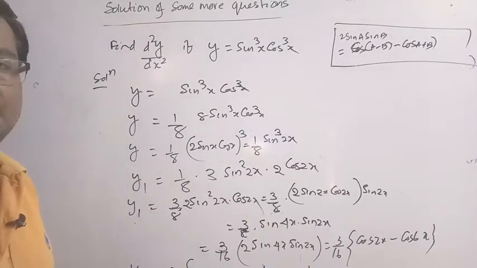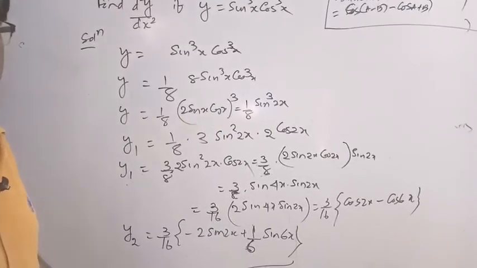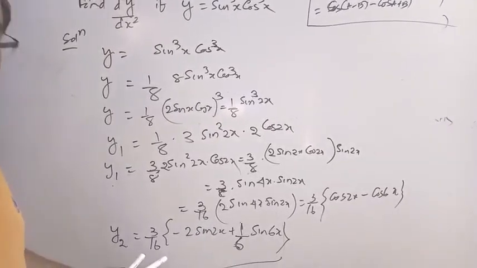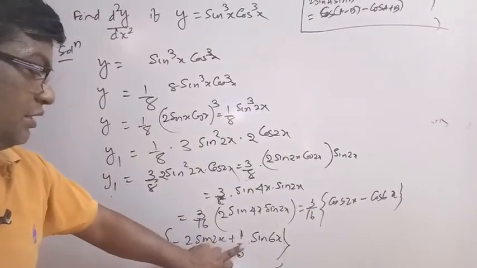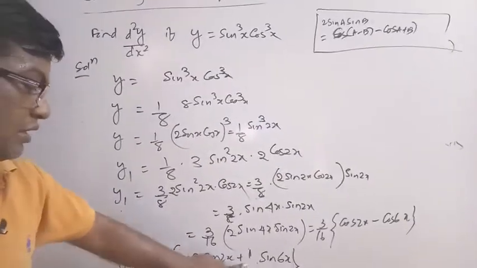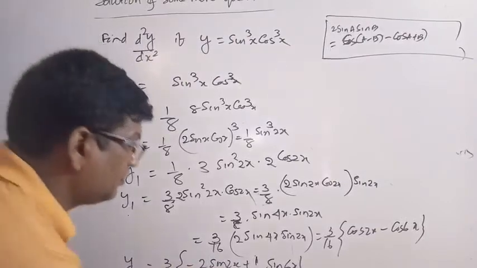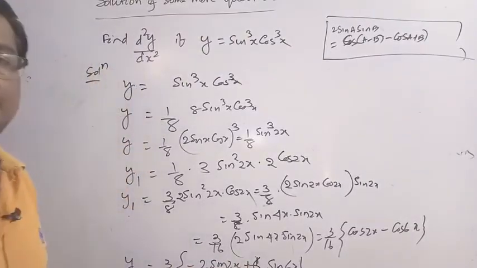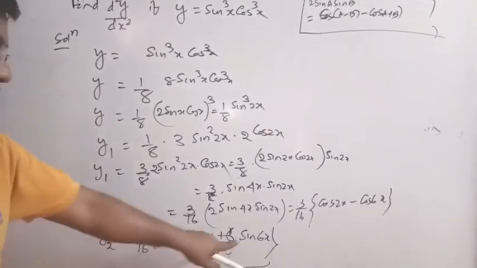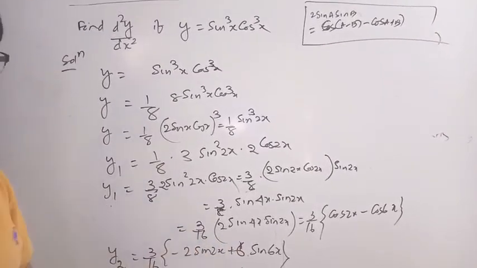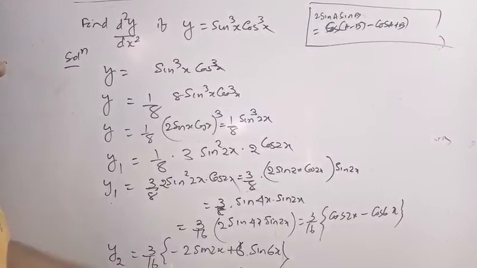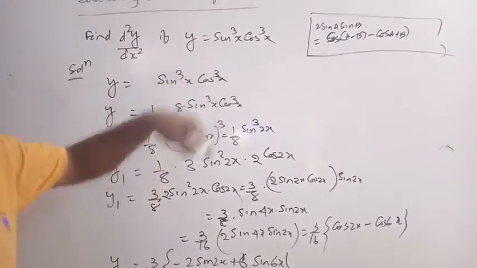Okay, this is 3 by 16, 2 sin 2x. This is 6 only here. Okay, this is 6, and this is 6 sin 6x. Minus sign present, so it is plus.